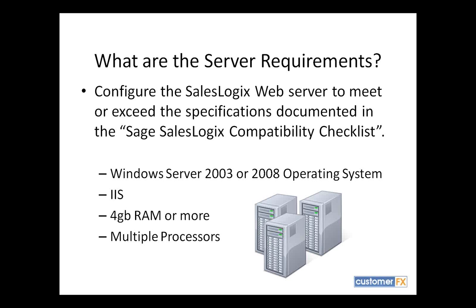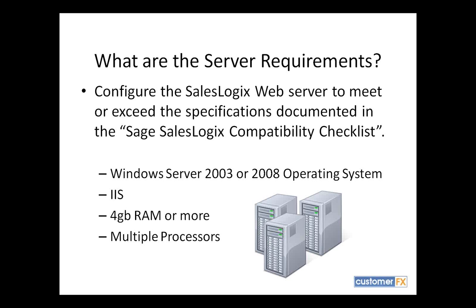severely underrated as far as what they tell you is the minimum requirement for RAM. I think they say something like 1 or 2 gigs of RAM is all you need. We think that that would be a mistake. We highly recommend that the server has at least 4 gig of RAM, and we all know how cheap RAM is these days. So there's definitely a visible, tangible difference.